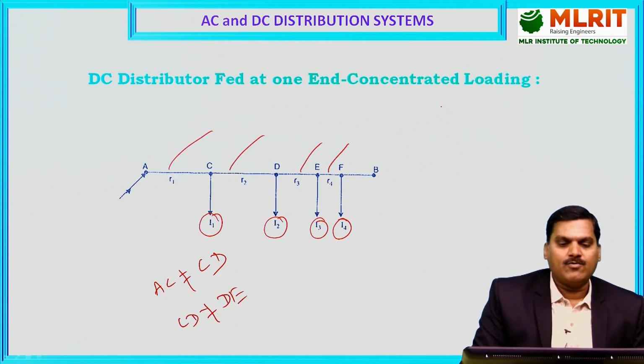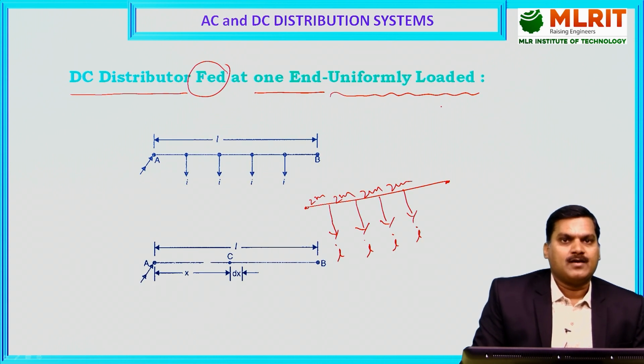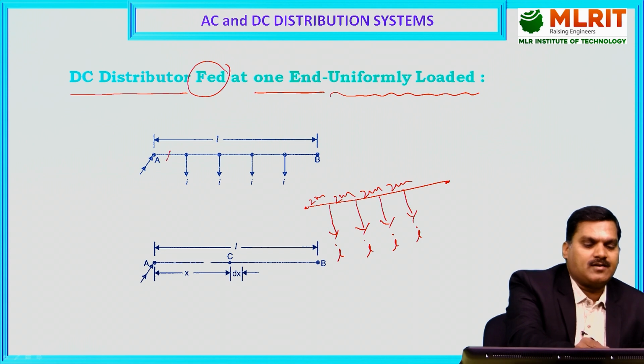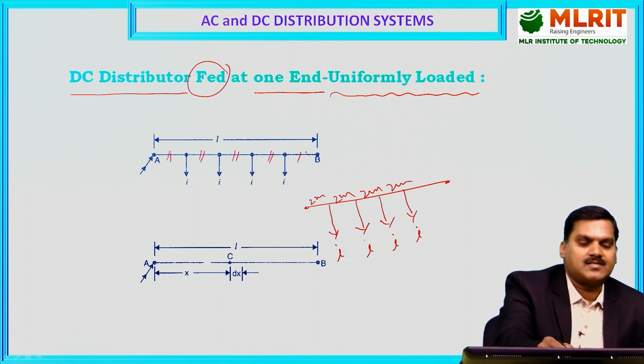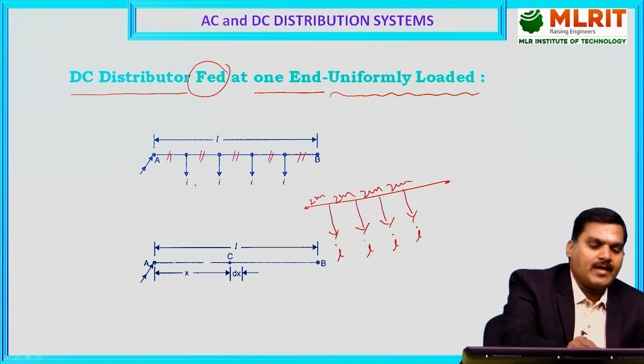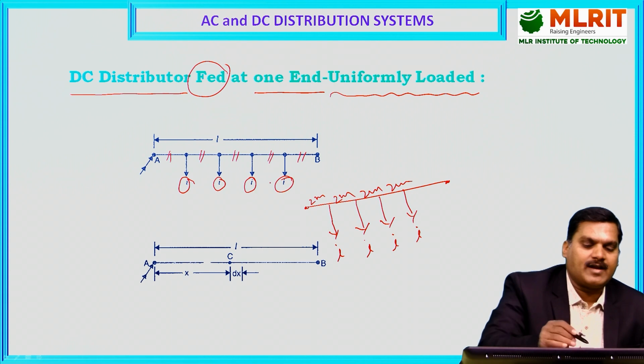The earlier one is a non-uniformly loaded system with concentrated loading. This one is a uniformly loaded system, so all section distances are equal and the loading arrangement is also equal. Equal loads are connected at equal intervals.